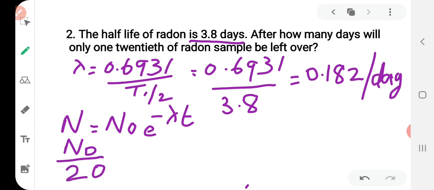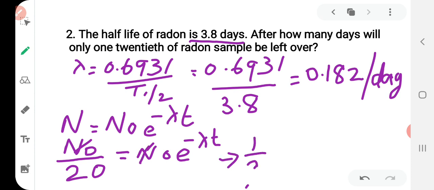Since the number of atoms is reduced to 1/20th, N can be written as N0 by 20, that is equal to N0 e raised to minus lambda t. N0 gets cancelled. So 1 by 20 is equal to e raised to minus lambda t.